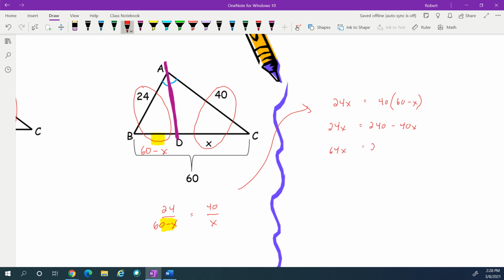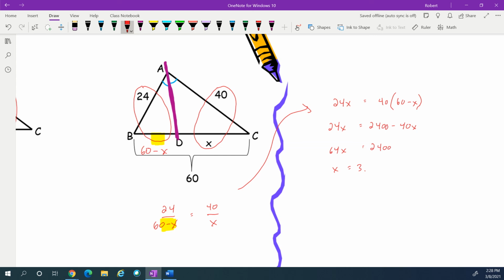For x, 2400 divided by 64. Not 240, 2400.